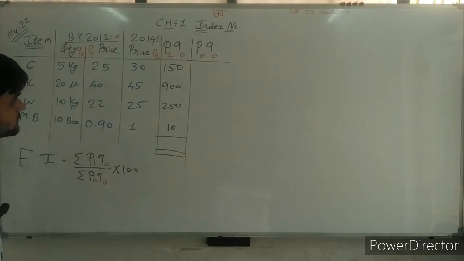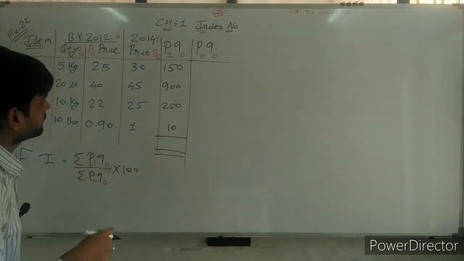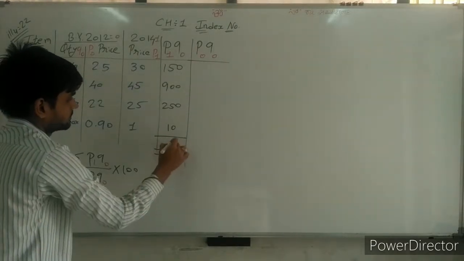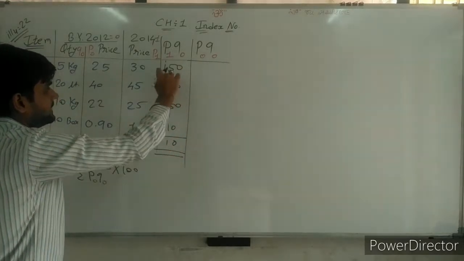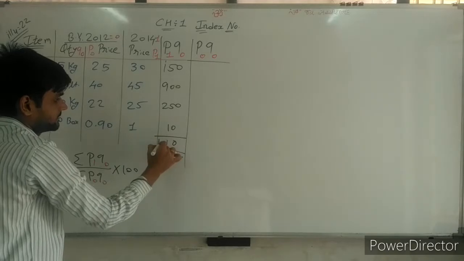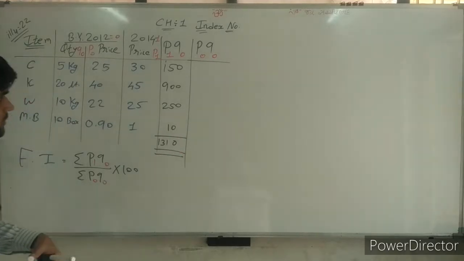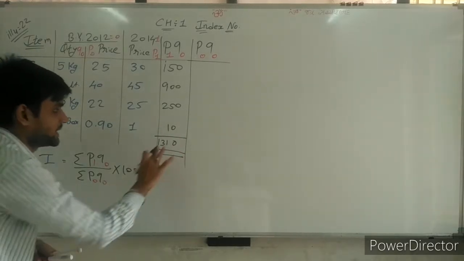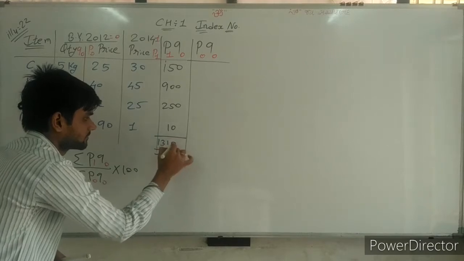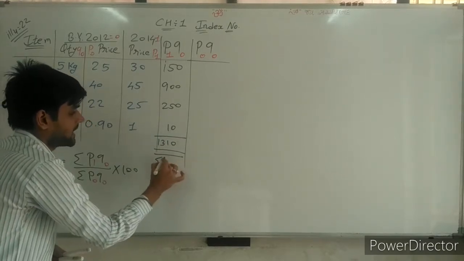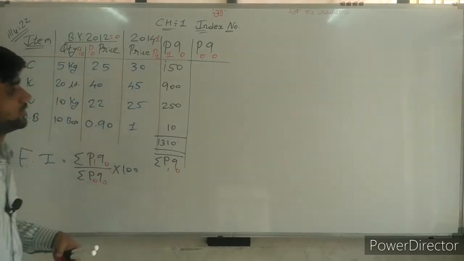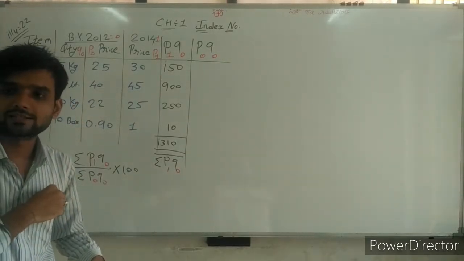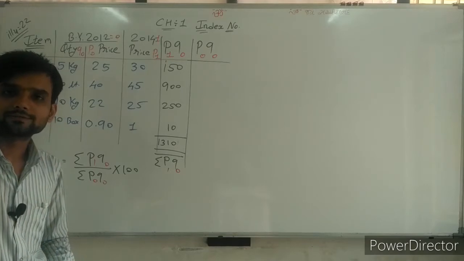Make total of this: 150, 900, 250, 10, total 1310 rupees. This is sigma P1 Q0. That's it. So it's completed.